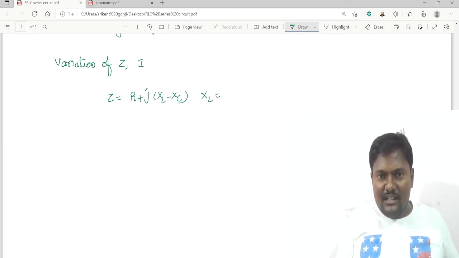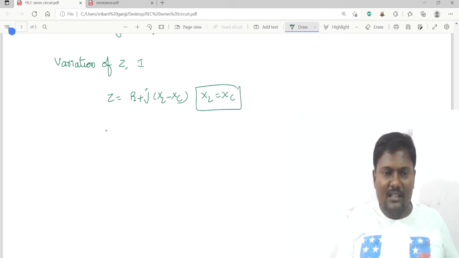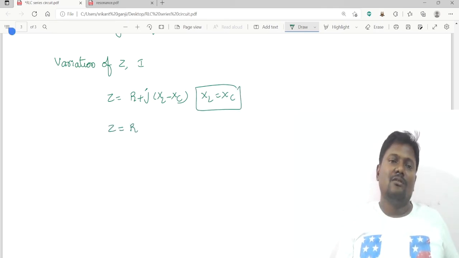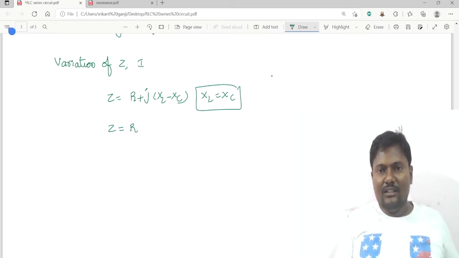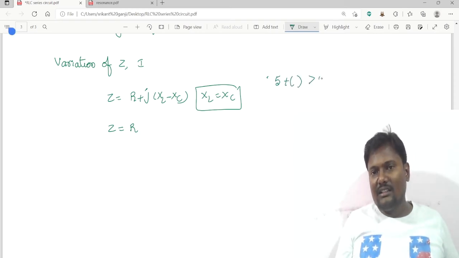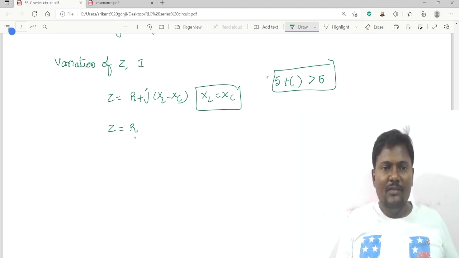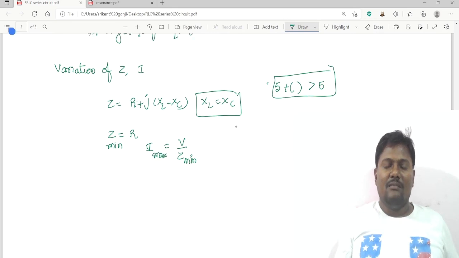At resonance condition, XL is equal to XC, so the Z value is equal to R. Suppose 5 plus something is greater than 5. So I can say that Z minimum is equal to R, because R plus something is greater than R. The current is V by Z, so if the denominator is minimum, the current is maximum.